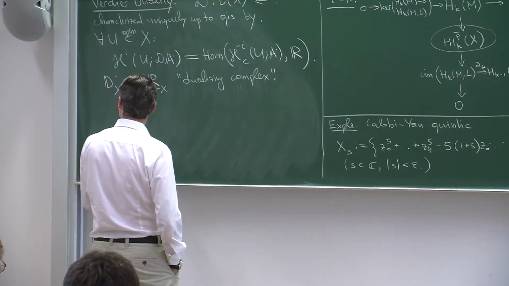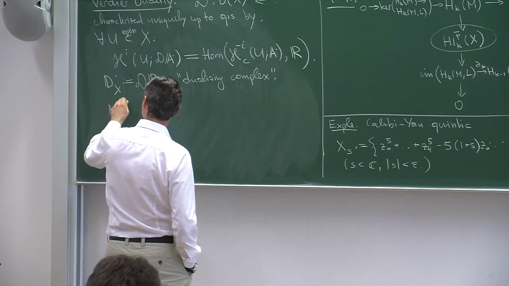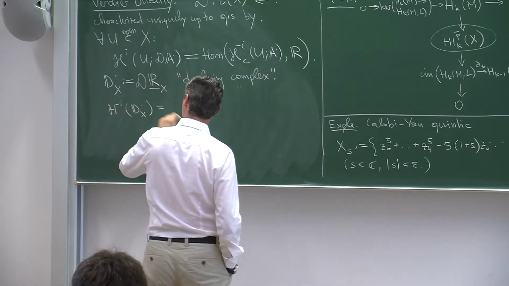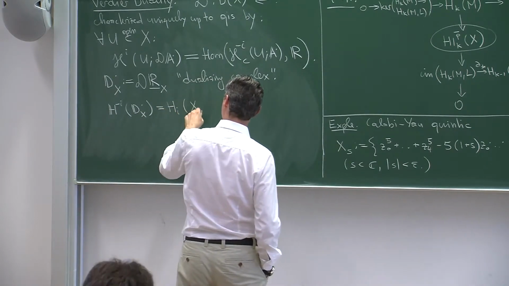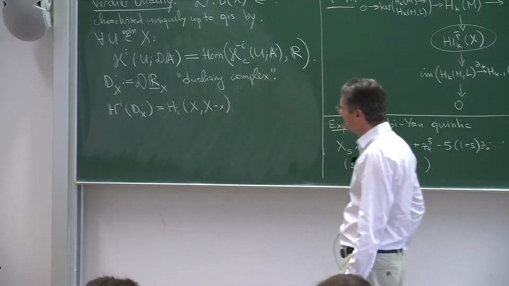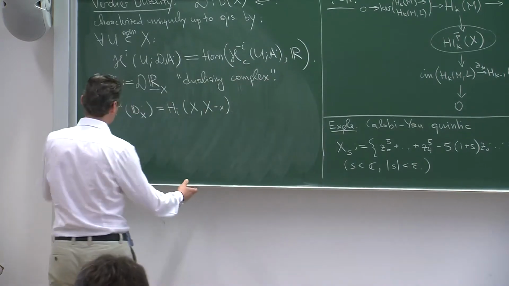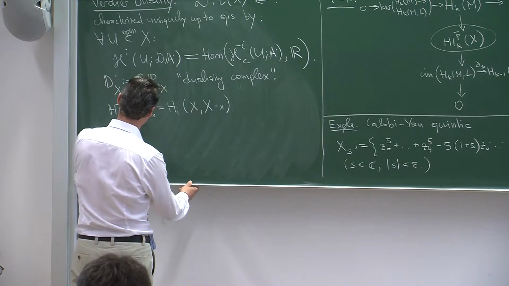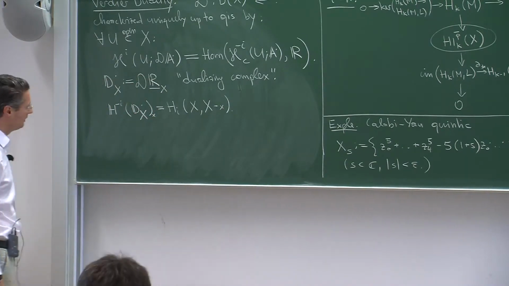Yeah, and the stalk at a point x, so this is capital X, the dualizing complex on capital X, and that stalk, that cohomology stalk, can be computed as the ith homology group of X rel X minus x.